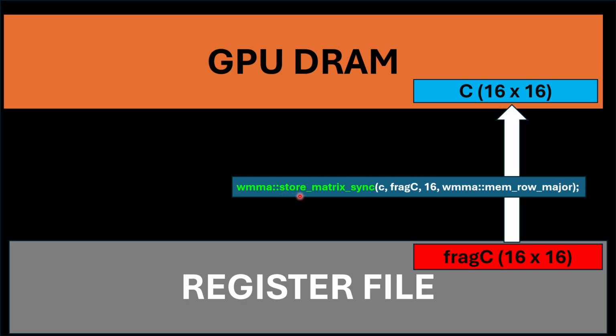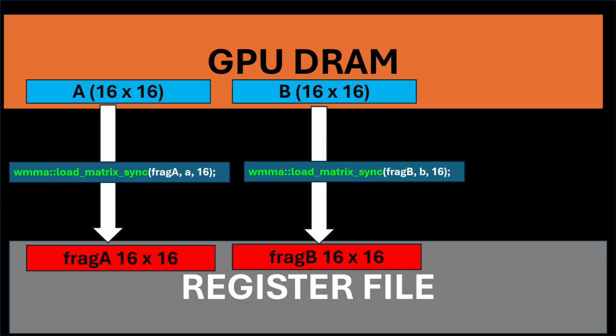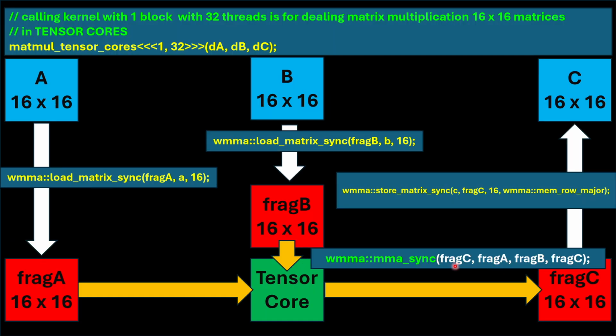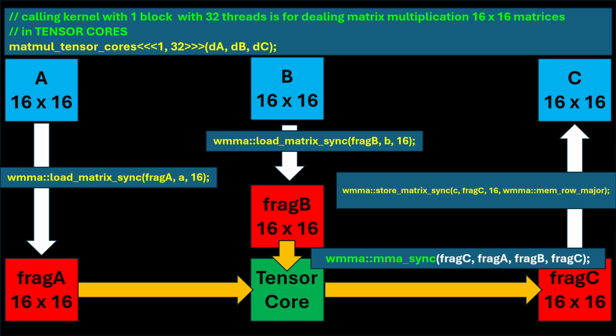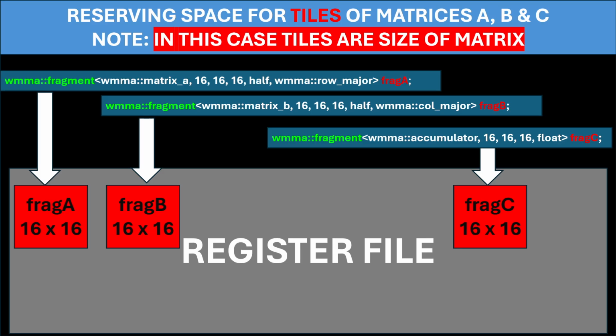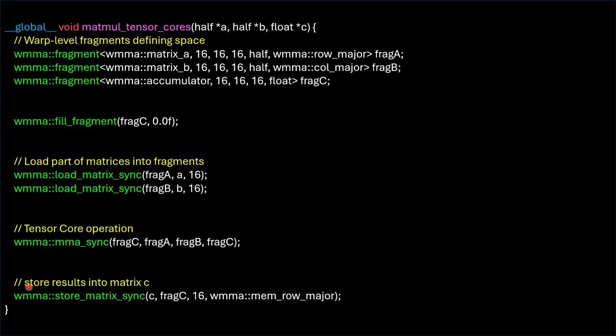So this is the last operation, the last instruction in the set. This one is right, moving data from the fragment C to the matrix C, but this one wasn't good, but we changed it. And this is the last operation in this section.